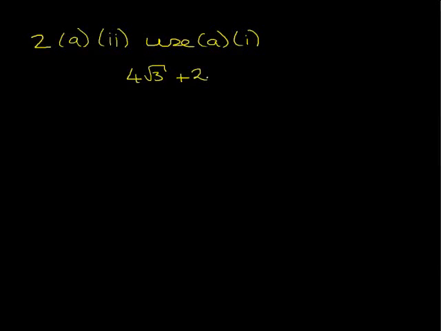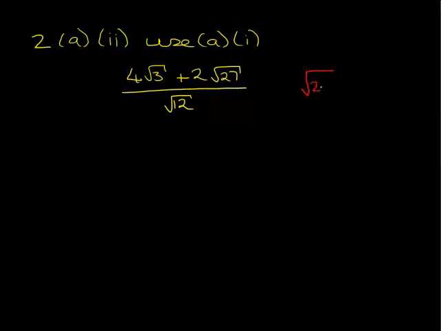So instead of root 48, we write 4 root 3 plus 2 root 27 divided by root 12. To simplify this, we now need to simplify root 27 and root 12 separately and replace those expressions into this expression.